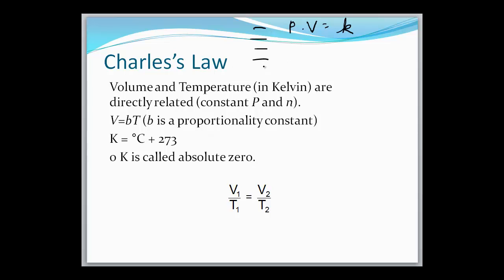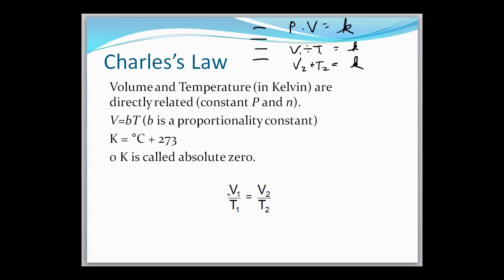You can have a series of experiments, but what we find is that when you look at volume and temperature being equal to that constant, you have to divide the two. So in other words, if you take V1 and you divide by T1 for experiment 1, you get a constant. If you do the same thing for experiment 2, divide those values, you get the same constant.